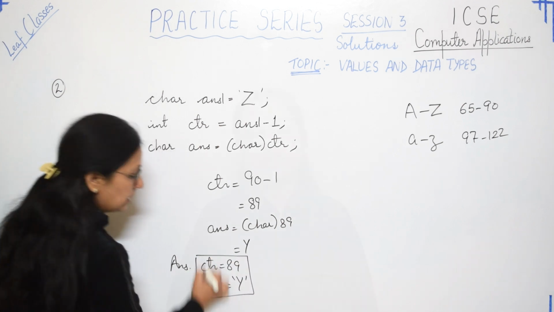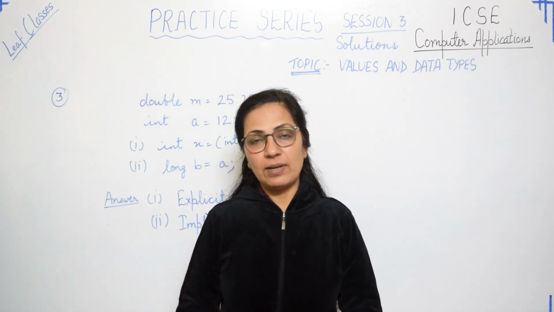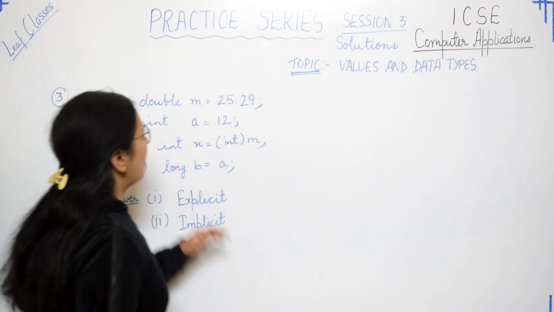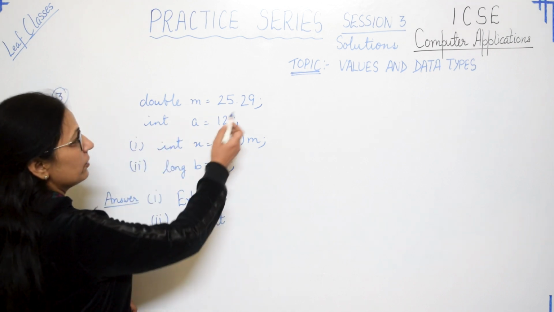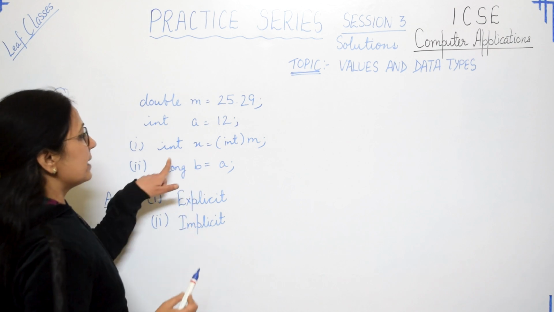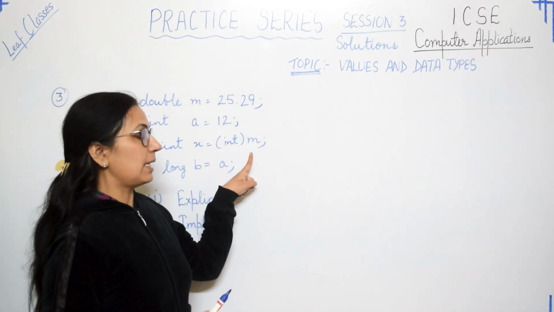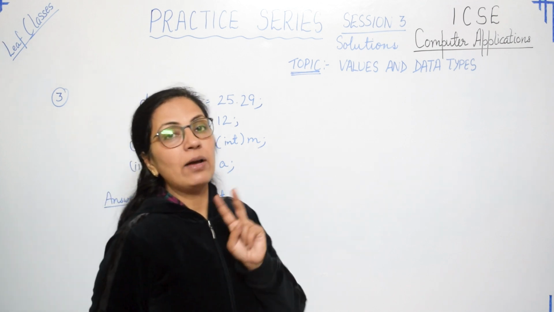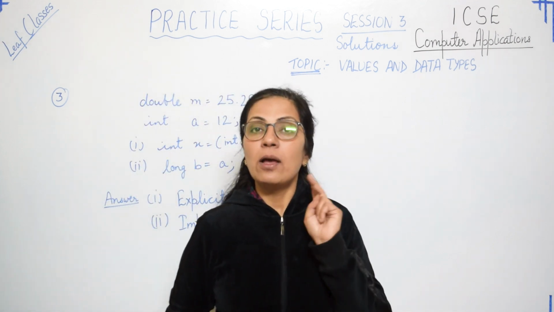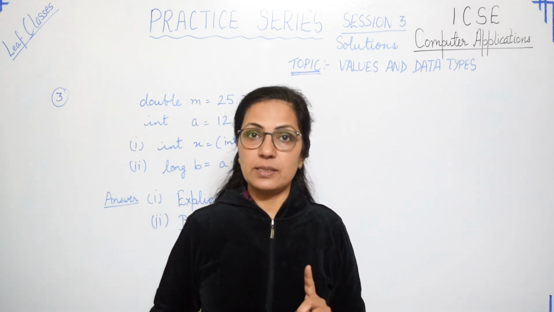This is your answer. Question number 3 is to find the type of casting in the given example. So here we have double M equals to 25.29, int A equals to 12. First is int X equals to within bracket int M. Children, we know we have two types of conversions. First is implicit and the second is explicit.